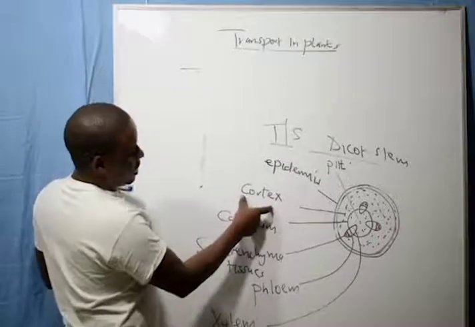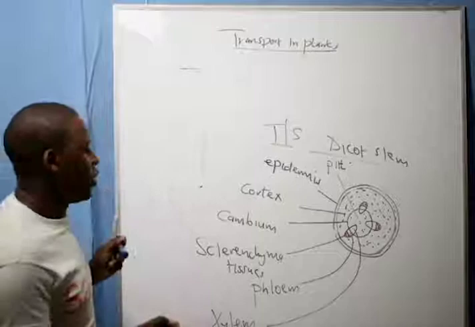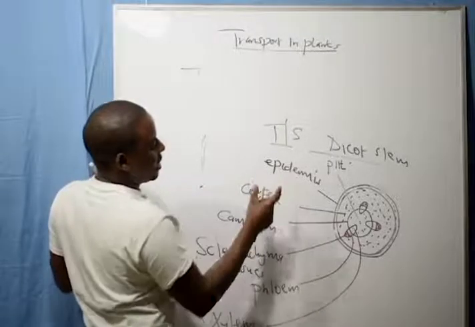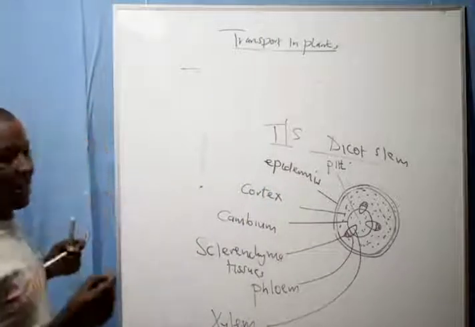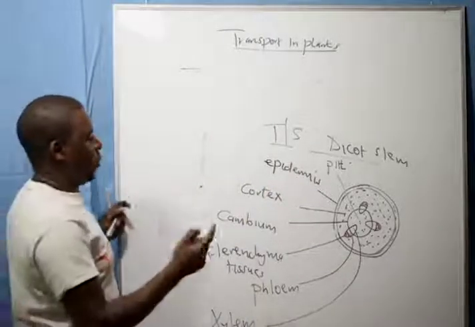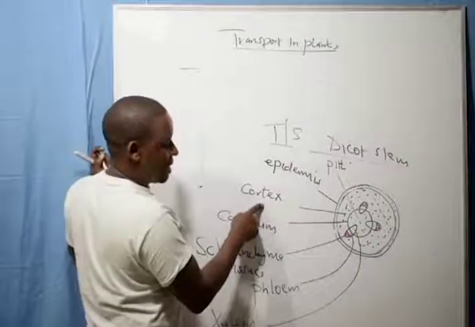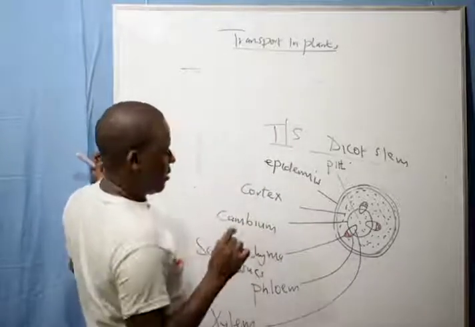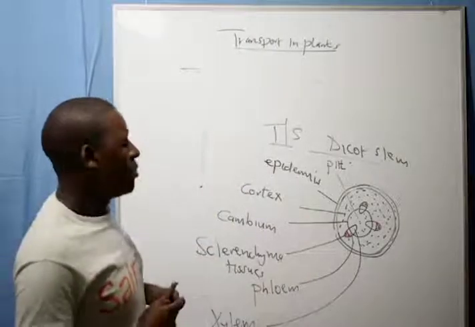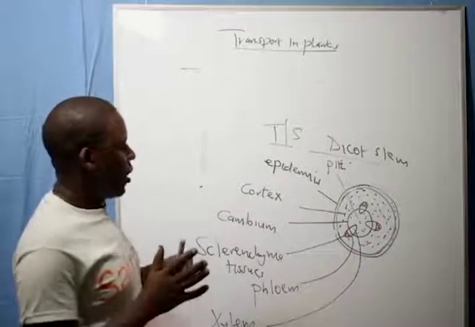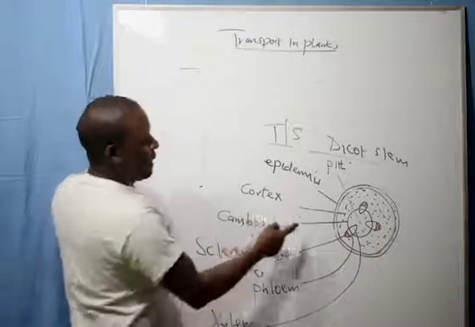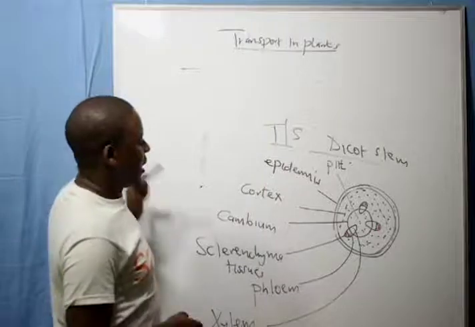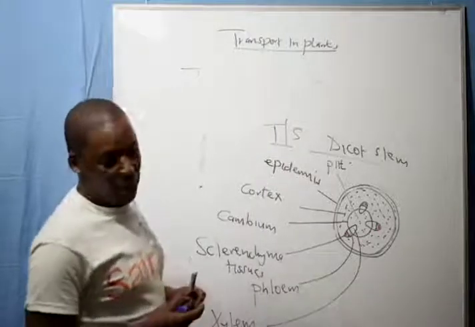The cortex contains parenchyma cells for storage, and epidermis is meant for support. Sometimes the cortex and the epidermis can contain green cells. Those green cells can be used to manufacture food. When the parenchyma cells in the cortex are green, those cells are known as chlorenchyma.